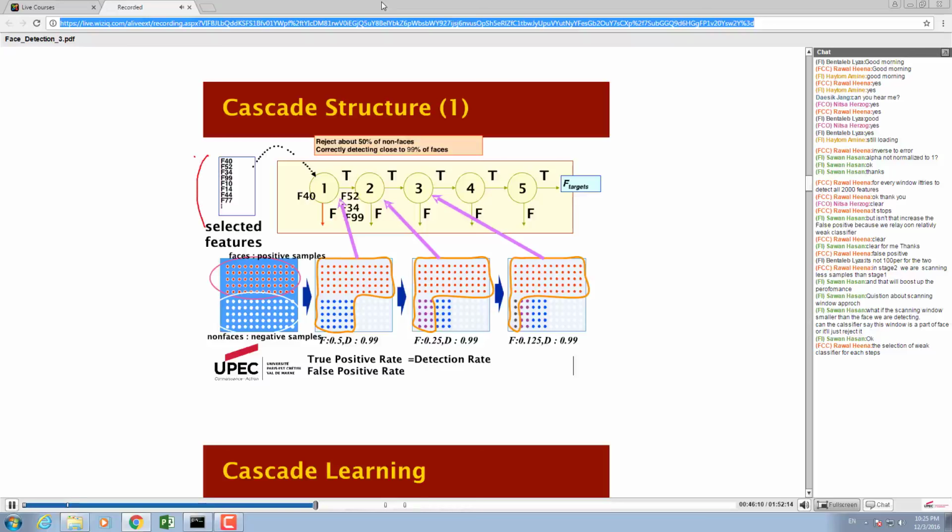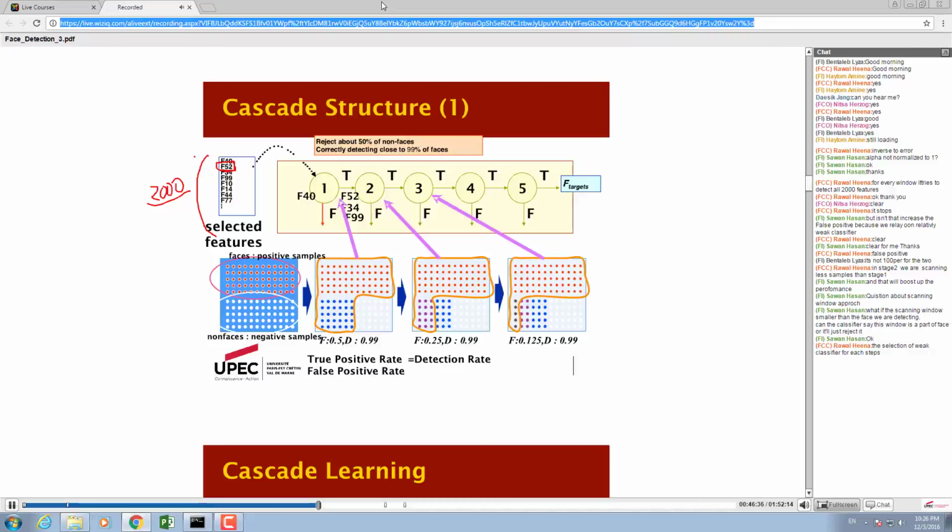In the beginning, from our previous AdaBoost training, we have selected 2,000 good weak classifiers, the best 2,000 out of 180,000.